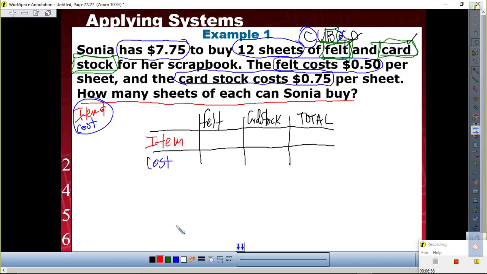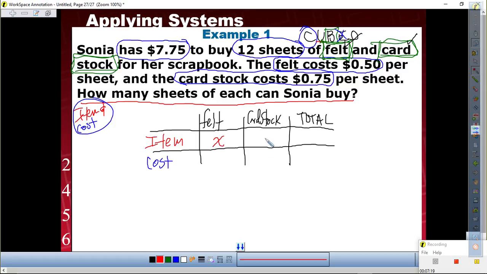So let's start with the item. I'm going to use just right for this row for items. So let's see. Items. What items are they talking about? Felt. Do we know how many sheets of felt Sonia's going to buy? No. What can we label it?